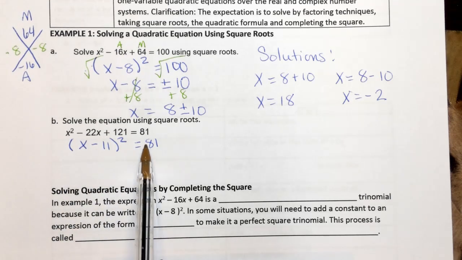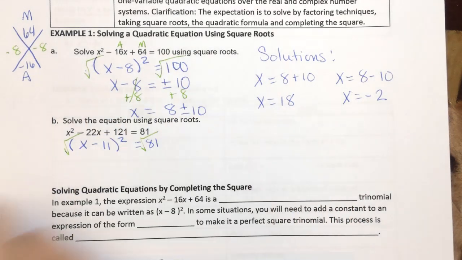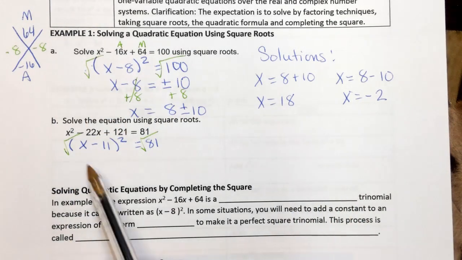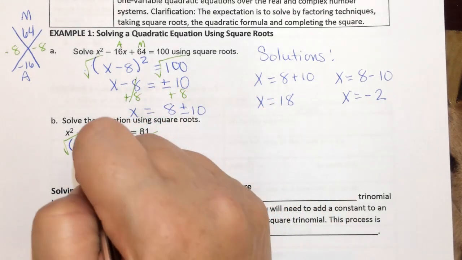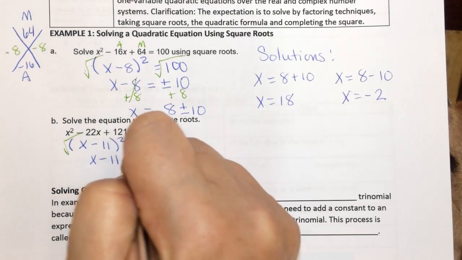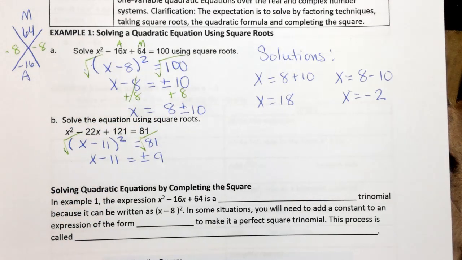Now if I want to find out what x is, I need to take the square root of both sides. Remember, all taking the square root of this side does is cancel out the square, because the inverse of a square is a square root. So we have x minus 11 equals plus or minus 9, because 9 squared is 81.